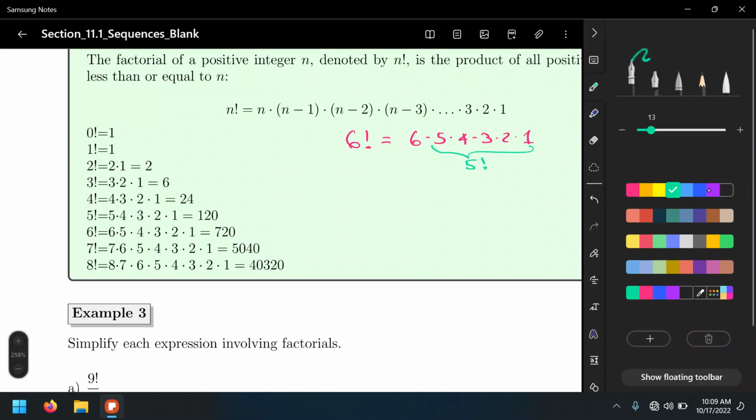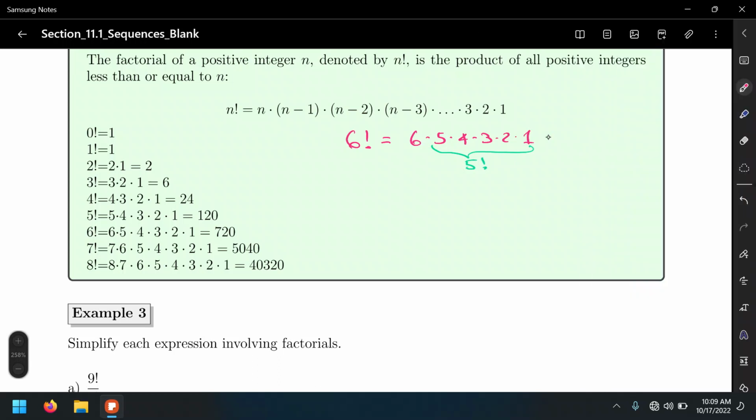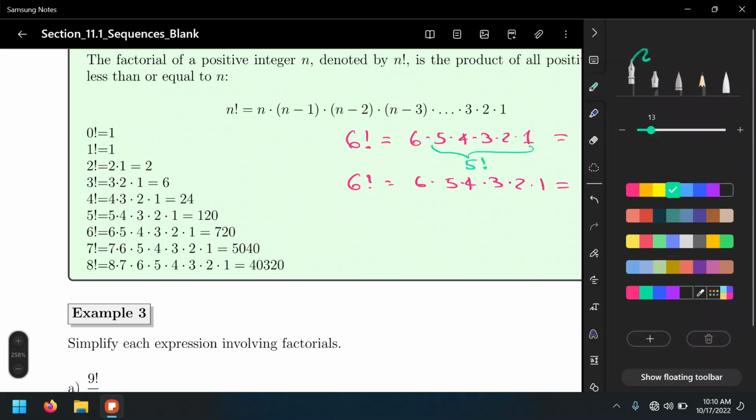So another way to express the number 6 factorial is 6 times 5 factorial. I'm going to write it again. Another way to write our 6 factorial is as follows.